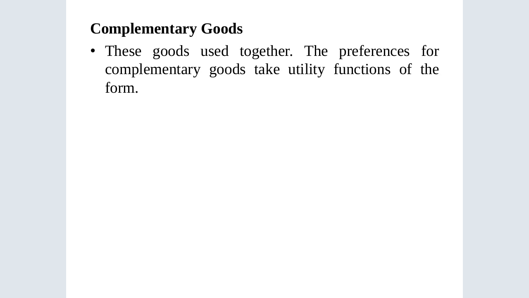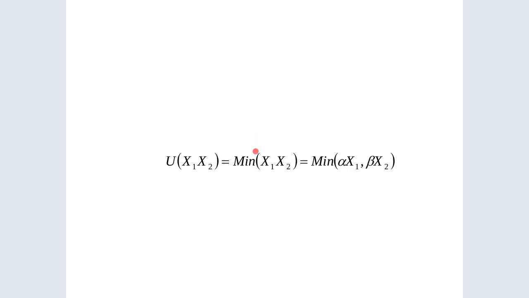We also have a utility function for complementary goods. We said that these are goods that are used together. Complementary goods are goods that are consumed together. So the preferences for complementary goods take a utility function of the form indicated here.